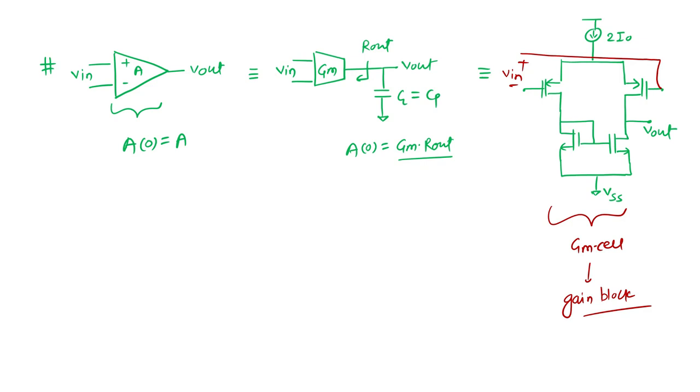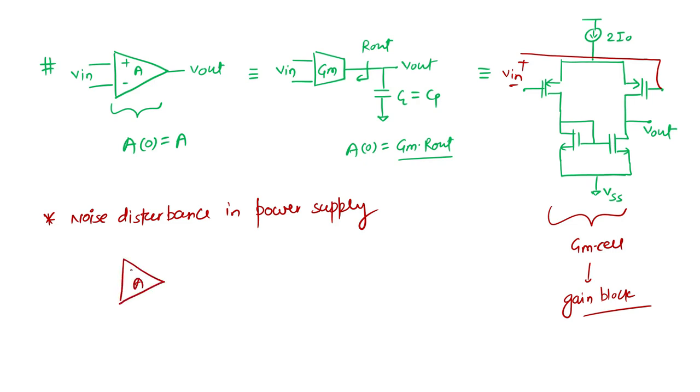And what remains to analyze is when we have power supply perturbation, that is, noise disturbance in the power supply, where the power supply is fluctuating. What will happen for this structure? So this is my gain block.